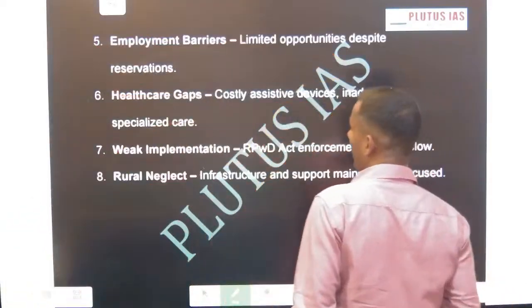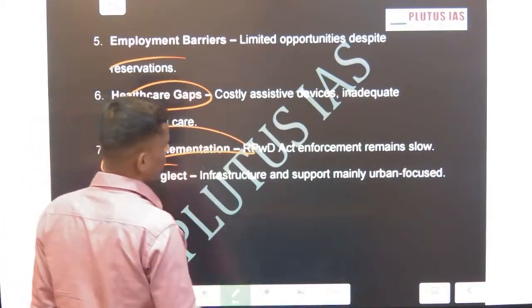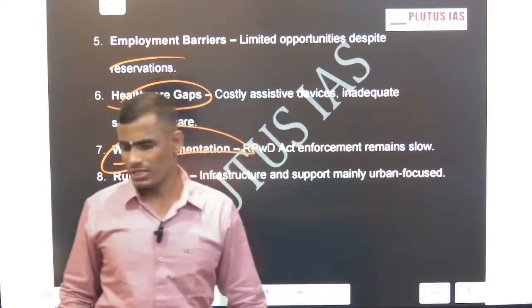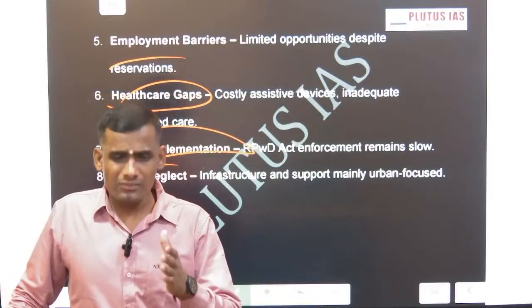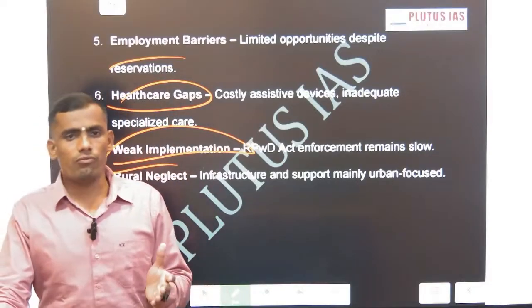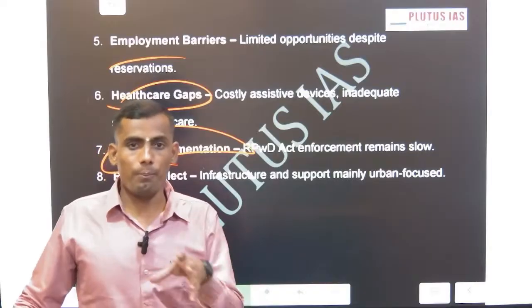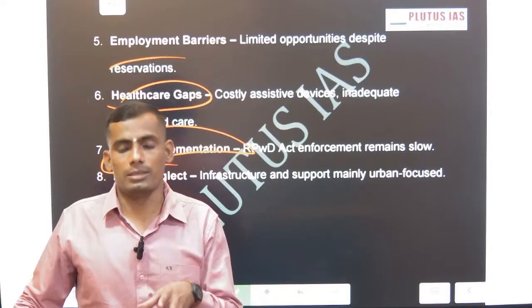One more issue: healthcare gap, employment gap, and weak implementation of policies. In weak implementation, except Rajiv Chowk in the Delhi metro, there are many metro stations where there is no accessibility, no particular pathway for persons with disabilities.